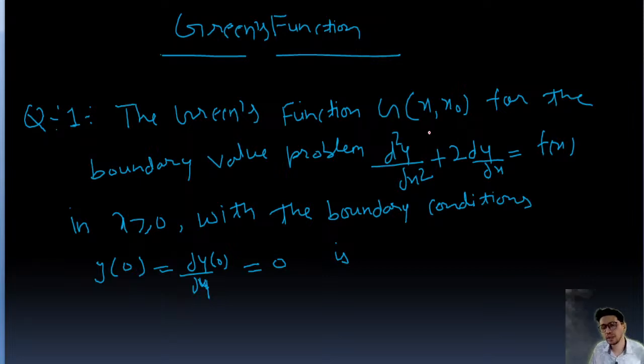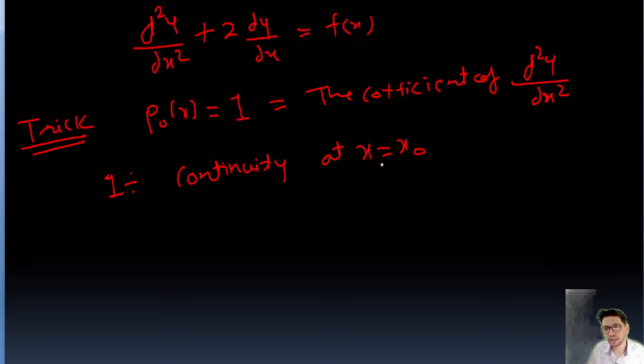If in the question you get the Green function as a function of x and t, then it is going to be at x equal to t. Second, we'll check that it satisfies the boundary conditions.